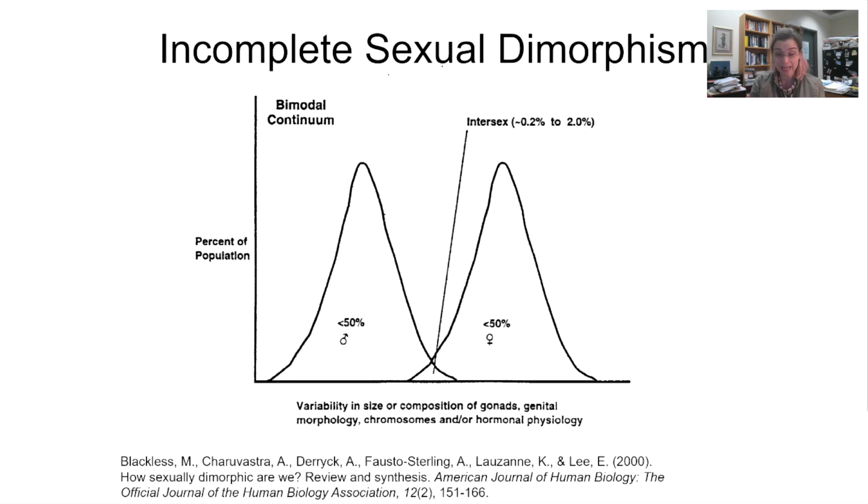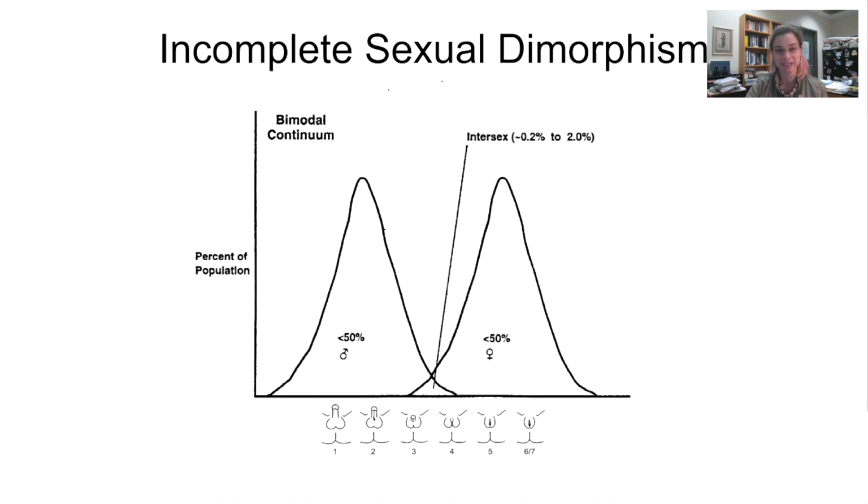We have language that gives the impression that male and female is a simple binary characteristic, but because of the complexity of how male and female develops, there is variation and there is overlap. And so incomplete sexual dimorphism is the better way to be thinking about male and female categories.